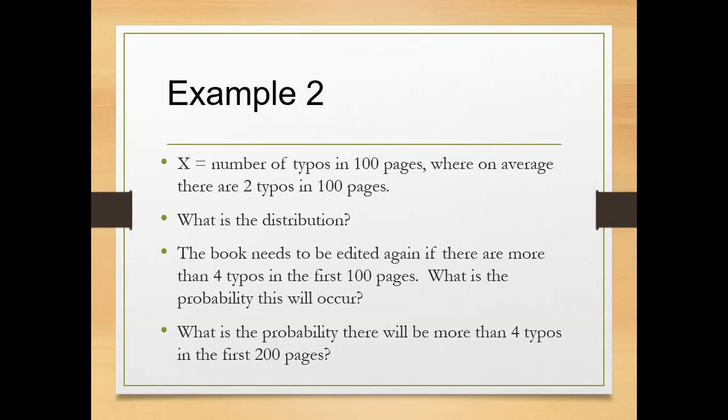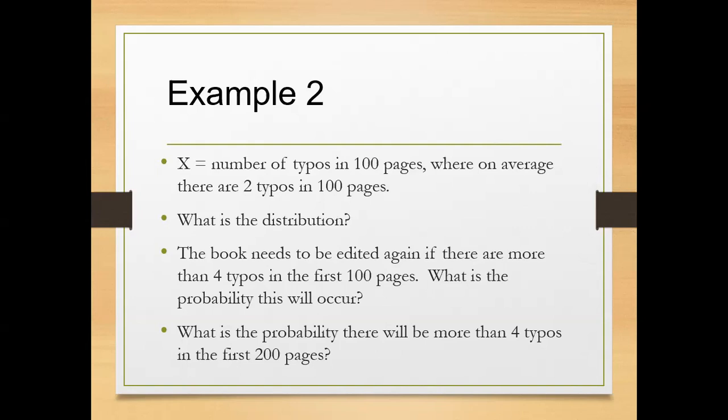What is the probability that this will occur? If there are strictly more than 4 typos, that is 5 or more.